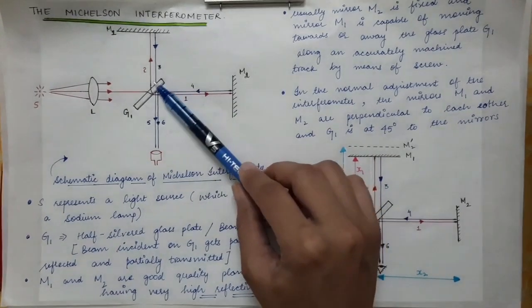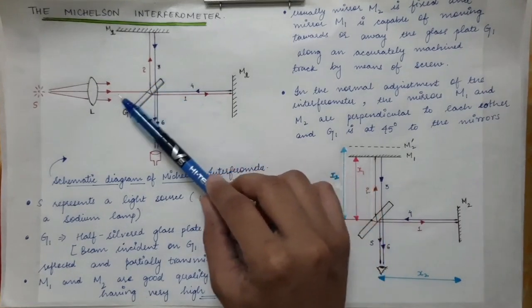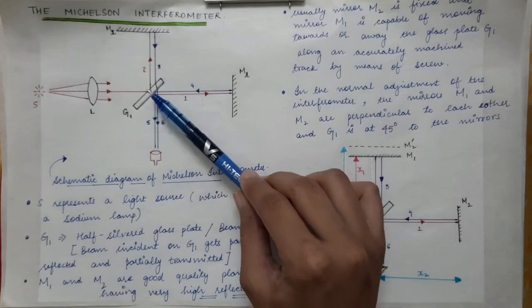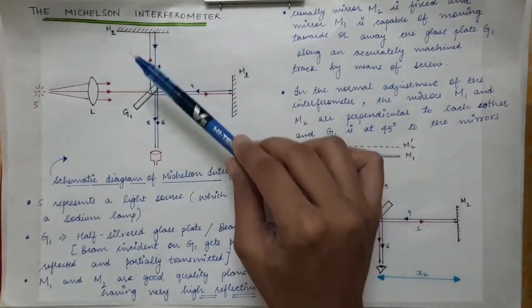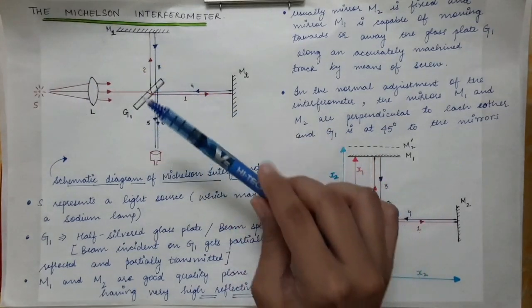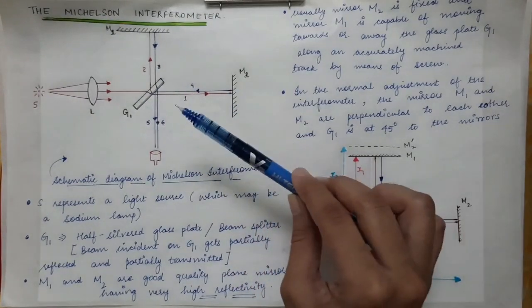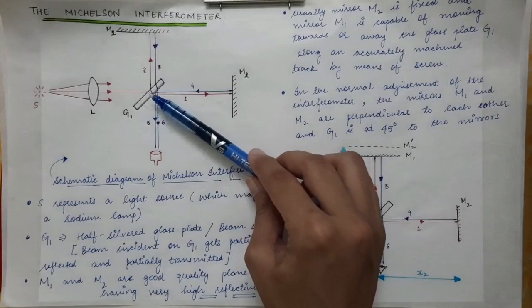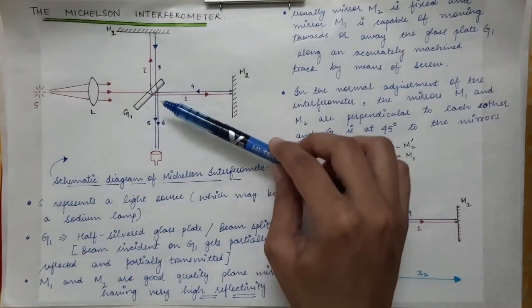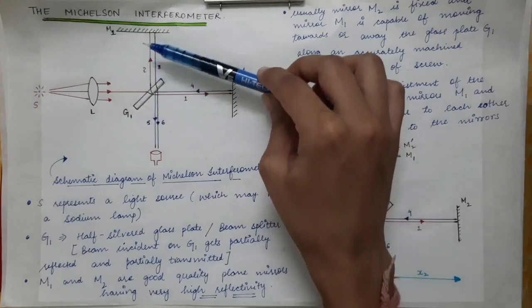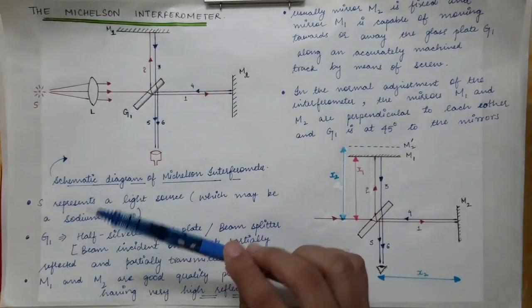The function of this glass plate is to divide the amplitude of the incident wave into the transmitted and the reflected ray. So it just acts as the beam splitter, and the beam incident on this glass plate will be 50% transmitted and 50% reflected.